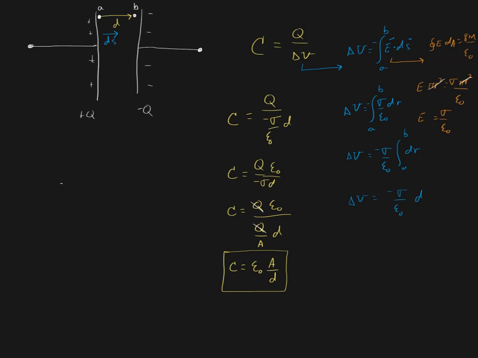If the capacitance is equal to 2 farads, then that means you're going to be storing 2 coulombs for every 1 volt of potential difference. 2 coulombs per volt. So if you apply 1 volt of potential difference to those plates, you're going to store 2 coulombs of charge. If you apply 2 volts, you're going to store 4 coulombs of charge.